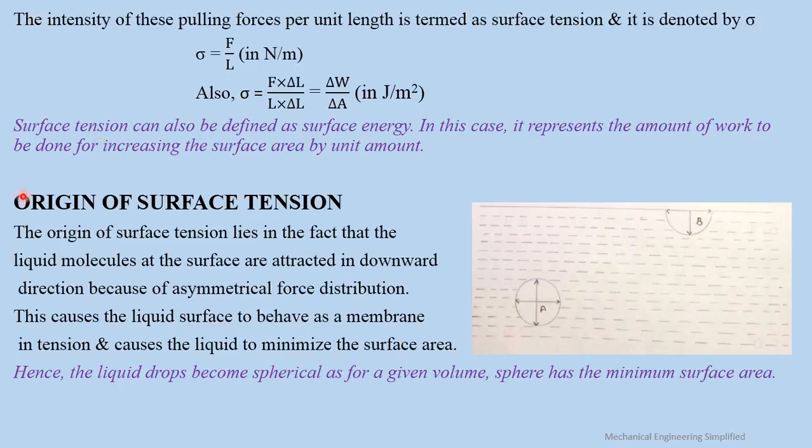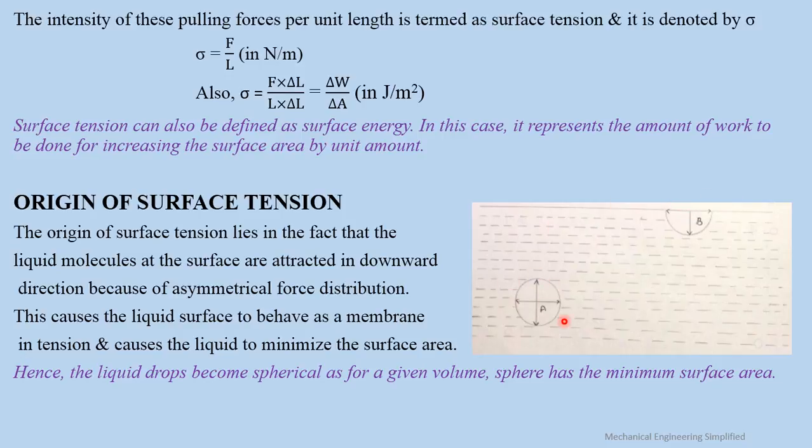Then how does this force of surface tension originate? If this is a whole container having liquid, and we consider two droplets of water, one is droplet A, which is in the bulk of the container at the middle portion, surrounded by fluid from all the sides, and this is droplet B, which is at the surface, surrounded by liquid on these sides and not surrounded by liquid from the upper side.